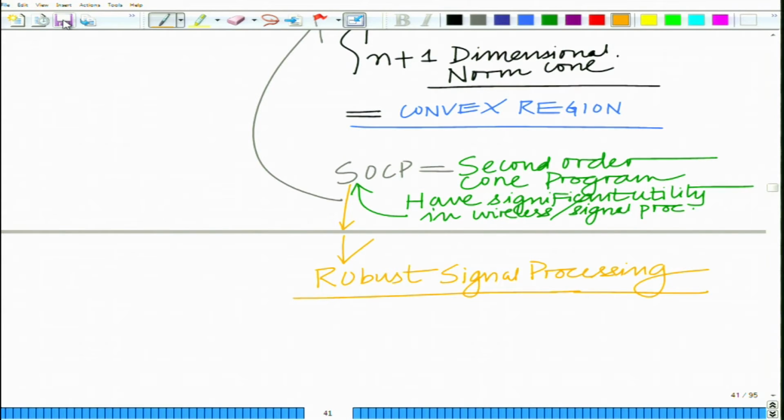For instance, you can look at applications such as robust beam forming, for the same beam forming problem that we can look at in a multiple antenna wireless communication system. If you make it robust, as we have seen, that is making it resilient to channel estimation errors, it becomes a robust beam forming problem, and all such applications can be formulated using the second order cone program SOCP, which basically involves conic sets. We will look at these kinds of problems in quite some detail in the later modules of this course.